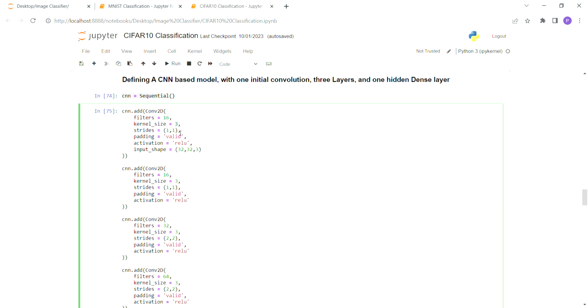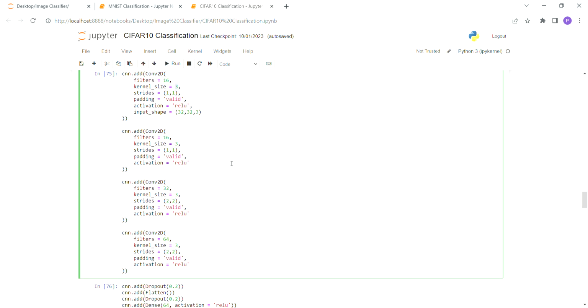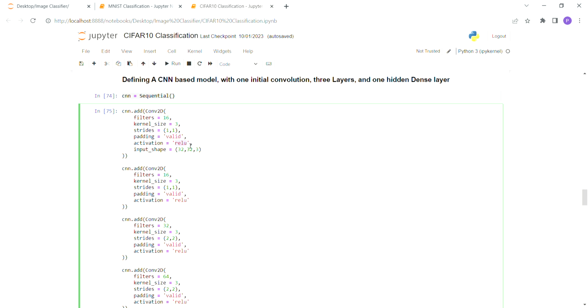That is, we will be using a 3 cross 3 kernel which would be moving just one pixel in each step, and we will be keeping an activation of ReLU. These 16 filters mean that in total we will be using 16 kernel filters, 3 cross 3 convolution. We will be carrying this out 16 times to get 16 matrices, like a 16 depth matrix.